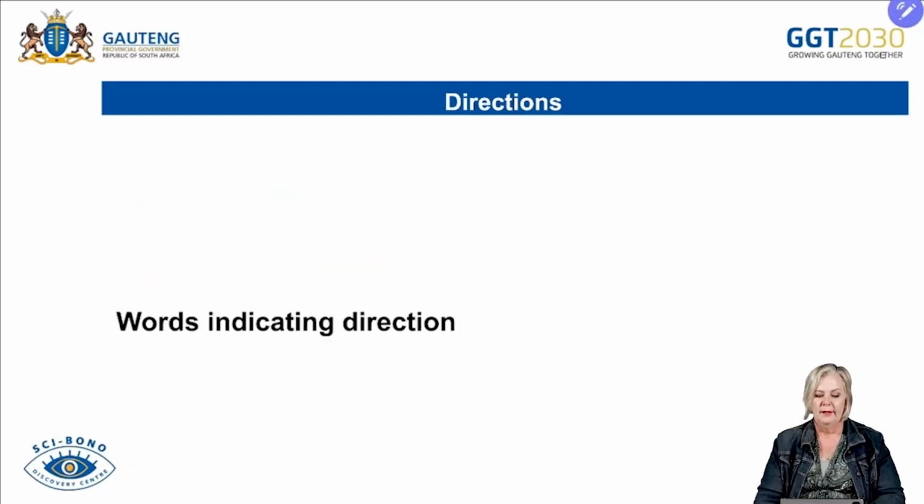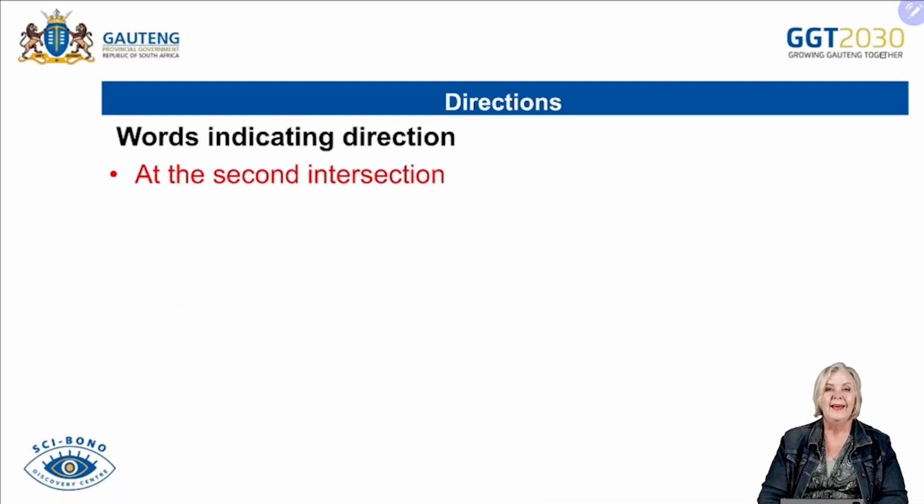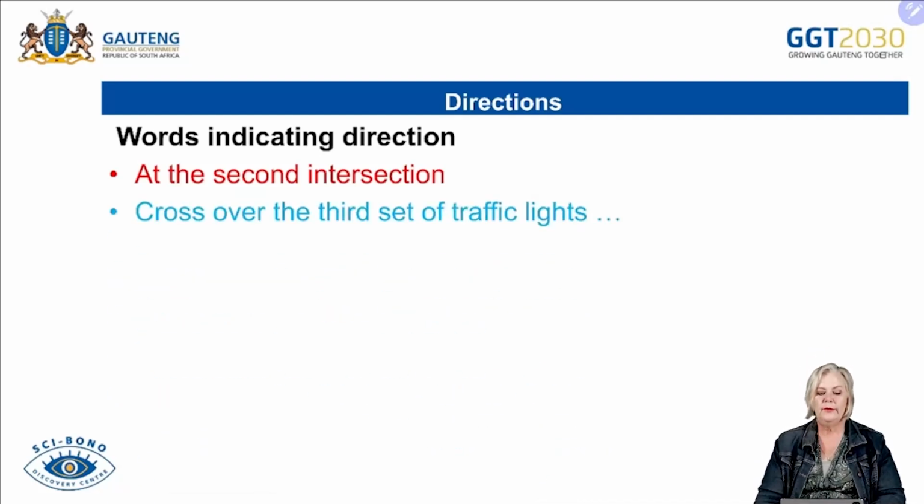Words indicating direction would also include at the second intersection, when you get to a cross, when two roads cross, you might refer to an intersection. That's a grand word to use. Cross over the third set of traffic lights.